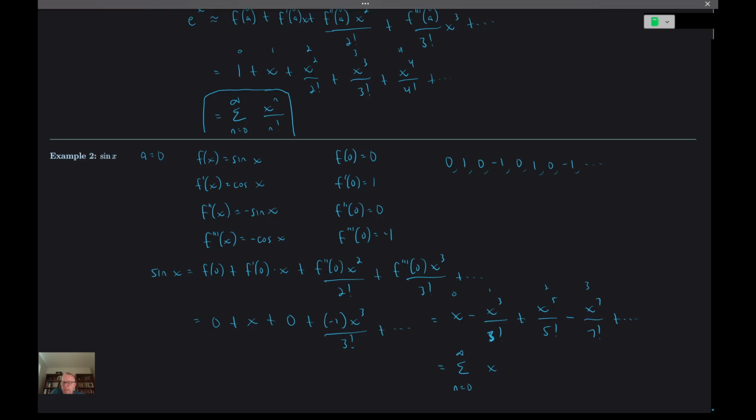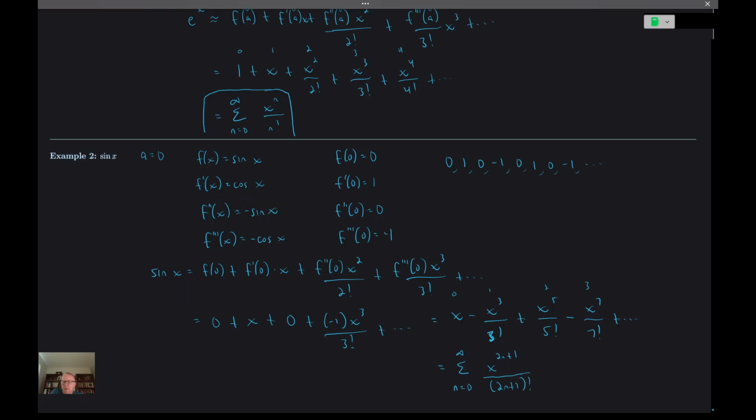So we could actually do 2n plus 1. If n is 0, that gives us x to the first. If n is 1, that gives us x to the third. If n is 2, that gives us x to the 5th. So that's good. And then the exponent matches whatever the factorial is, so we're going to need 2n plus 1 factorial.